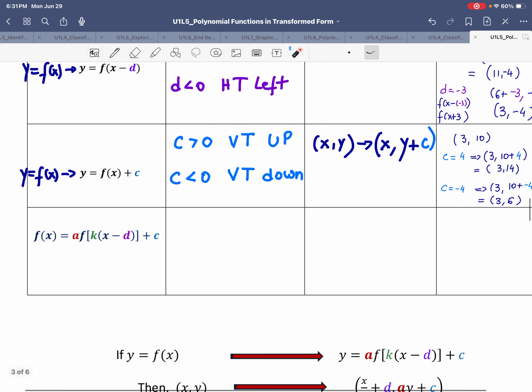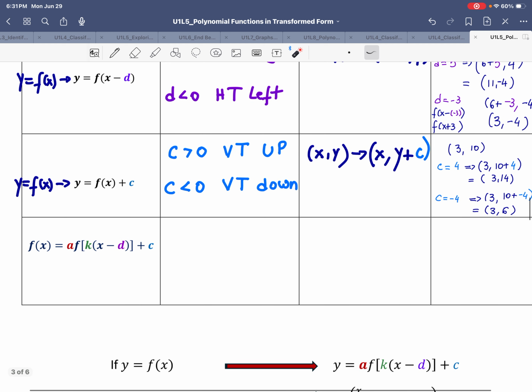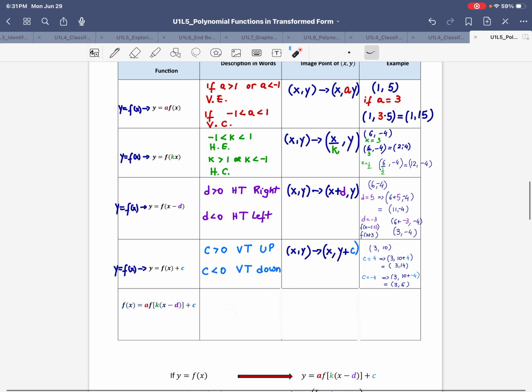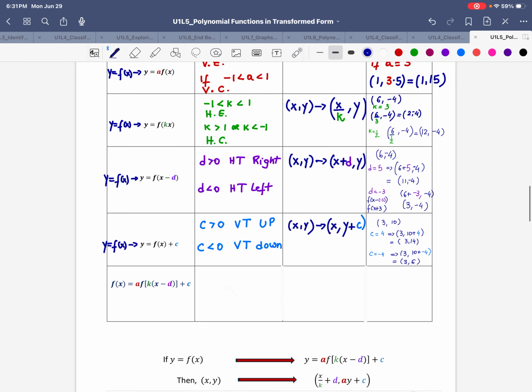Now, in general, when a function undergoes multiple transformations, we can summarize all these changes in coordinates into one final statement.